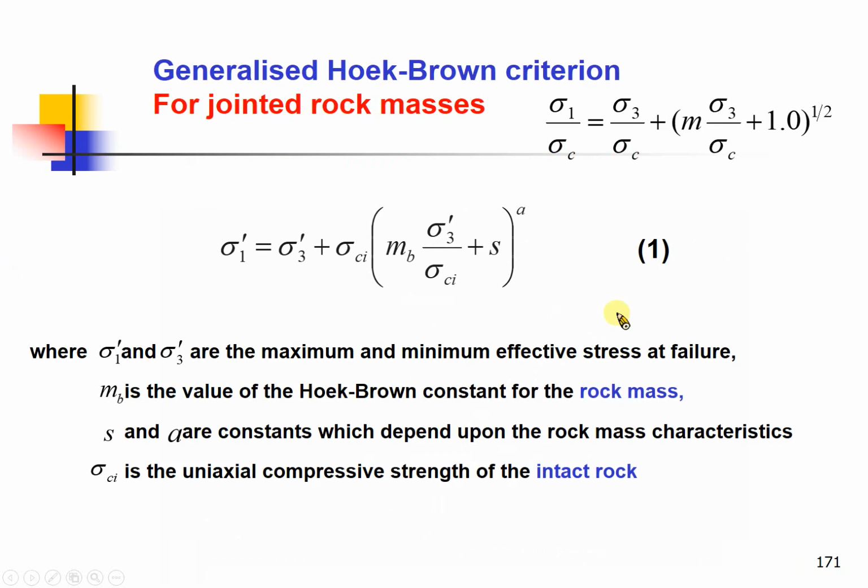For rock mass, I also show you here the failure envelope of rock mass, including discontinuities. The mb will be a function of the lithology and the GSI as well. I hope you still remember what GSI is. GSI is the geological strength index. This will be a value from 0 to 100.